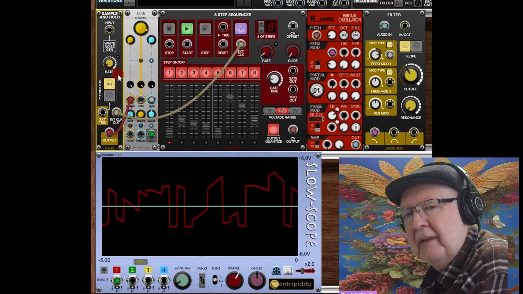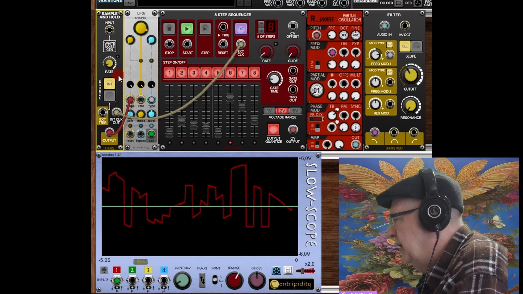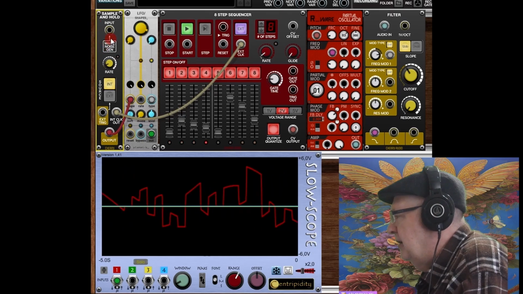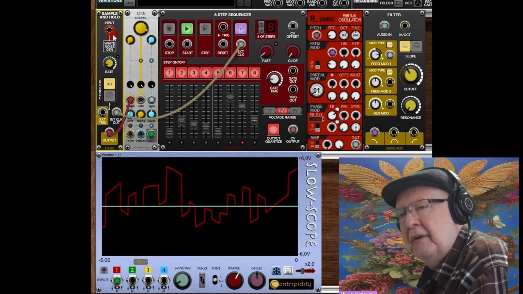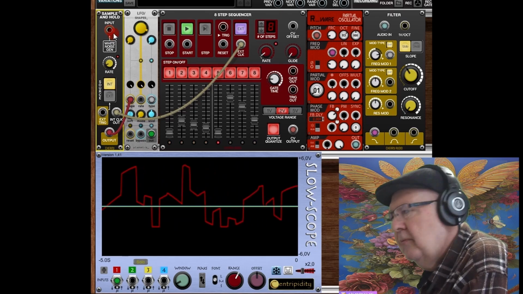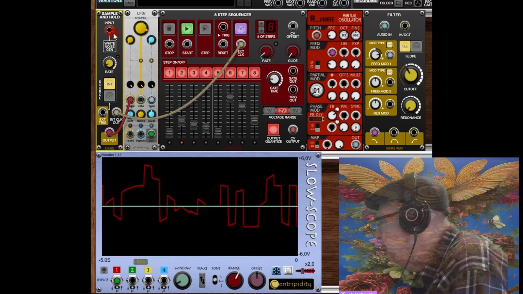Yeah, and now with an additional external trigger, which is itself modulated, triggering the sample and hold, making different rhythmic changes. It's a nice thing to start with, I'd say.